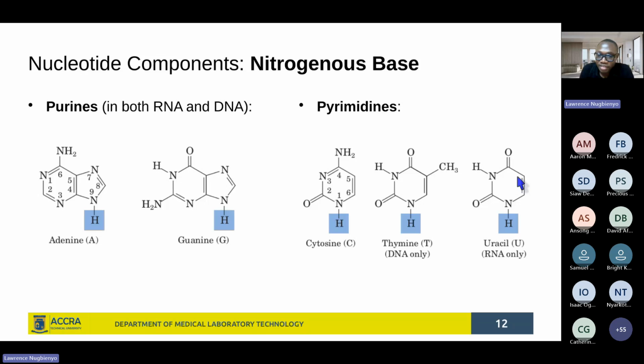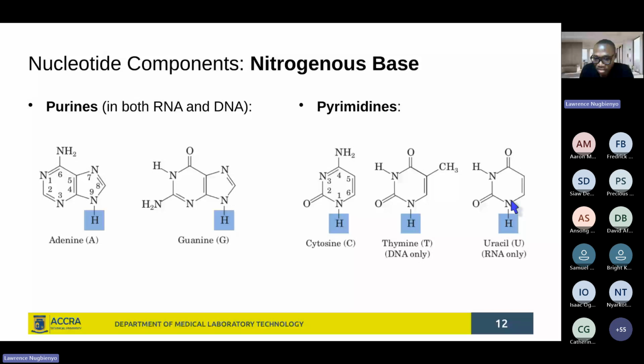Now, if we come to base pairing, you come to see that in the place of thymine, which you find in DNA, in RNA you have uracil. That's why you have the note written under it that thymine is in DNA only. You don't find thymine in RNA. The same way, uracil you find in RNA only.